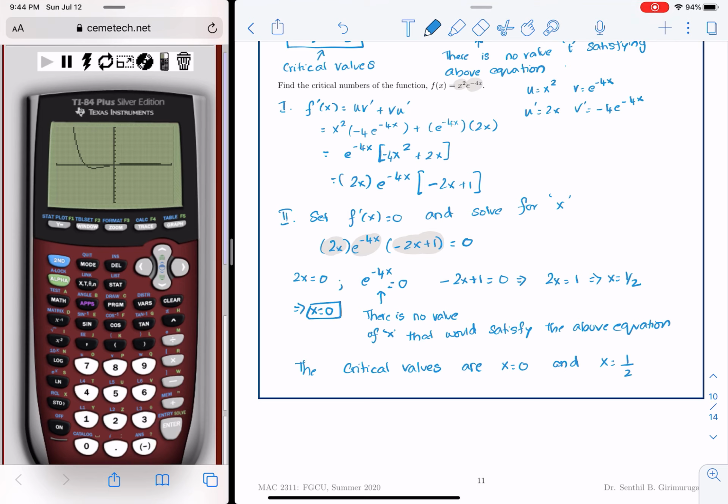Okay, so it seems like it's crossing at 0 and it's crossing at negative half. Did I miss a negative here? u, v prime, v, u prime.